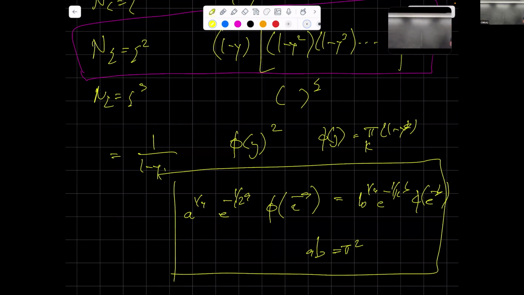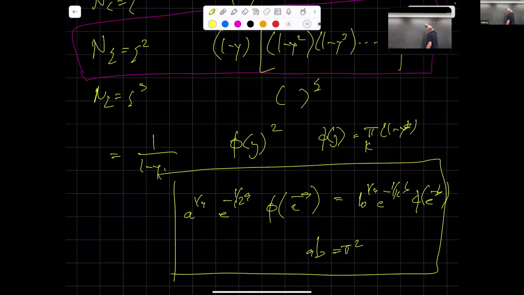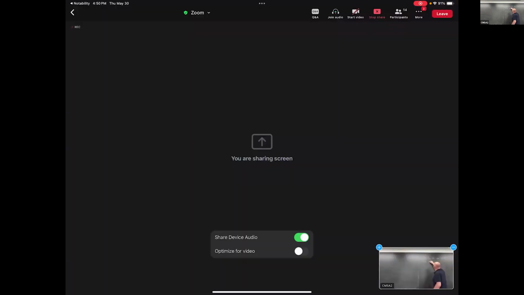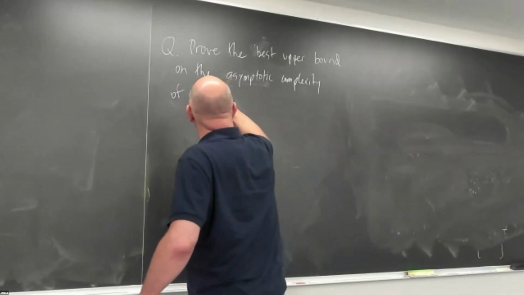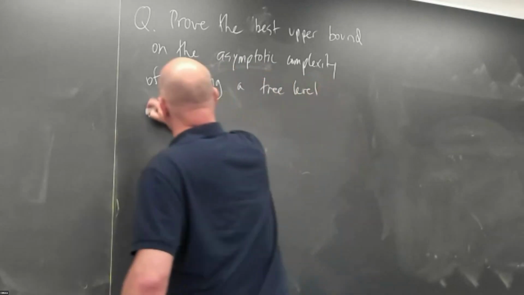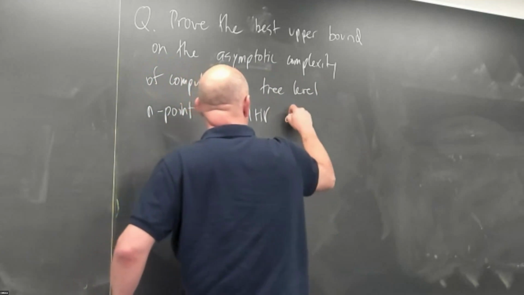I'm going to start by phrasing it in a more provocative way, which is: prove the least or best upper bound on the computational complexity, let me say the asymptotic complexity, of computing the tree level n point N^kMHV amplitude.